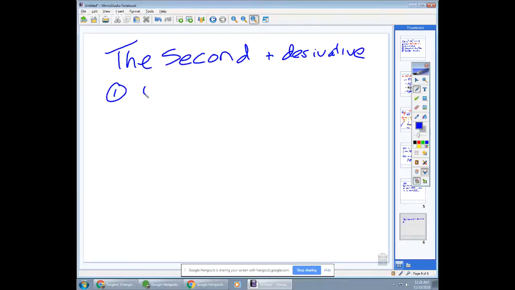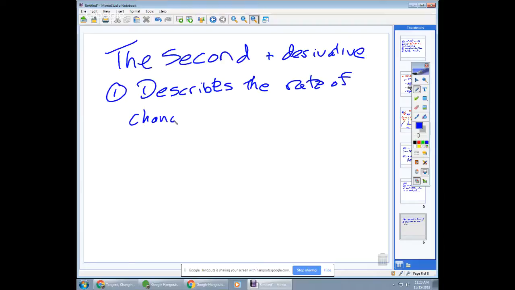One, it describes the rate of change of the first derivative. Which consequently, the first derivative is our slope function.